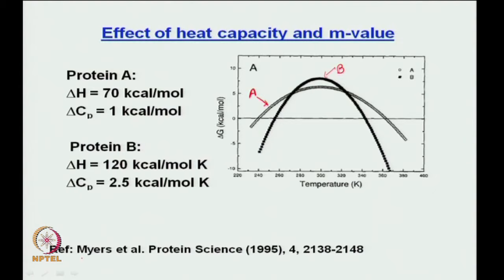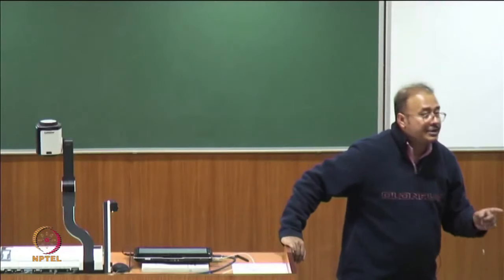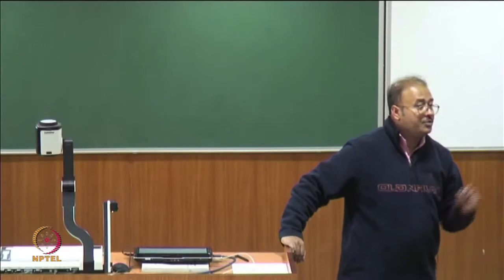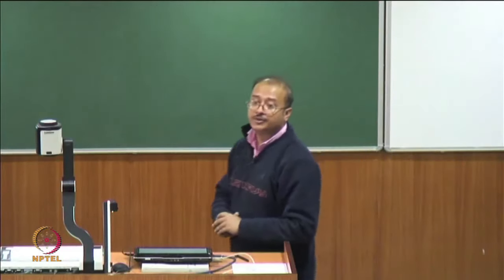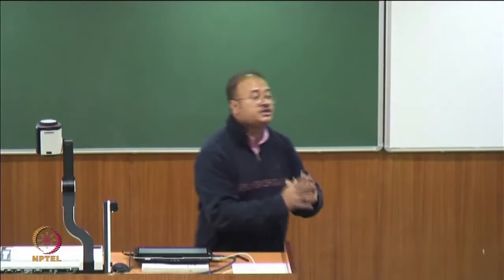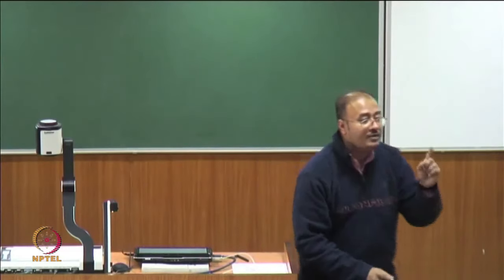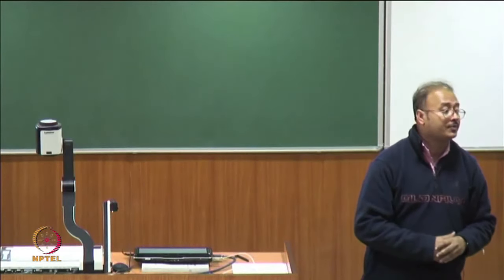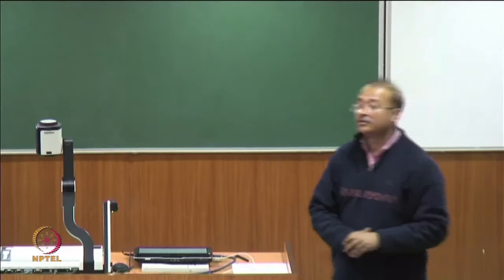Now, the mere fact that delta Cp in both the cases are different, what is the immediate effect you see on the curves? If I had not given you this delta Cp value, would you have been able to predict which one has more delta Cp? How?